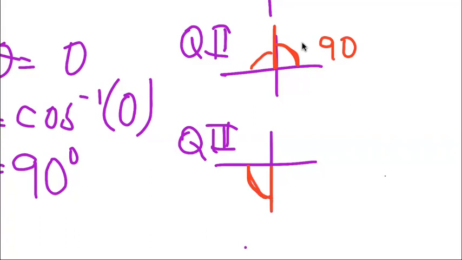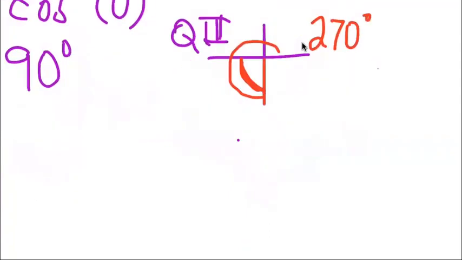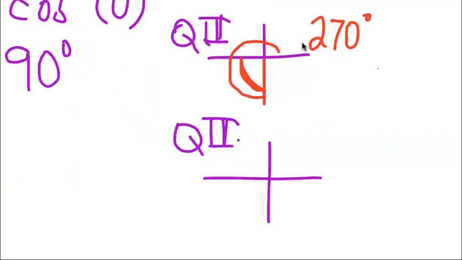What's my rotation angle? 270. And then in quadrant 4, where's my reference angle of 90 degrees? Right here. My rotation angle would be 270.